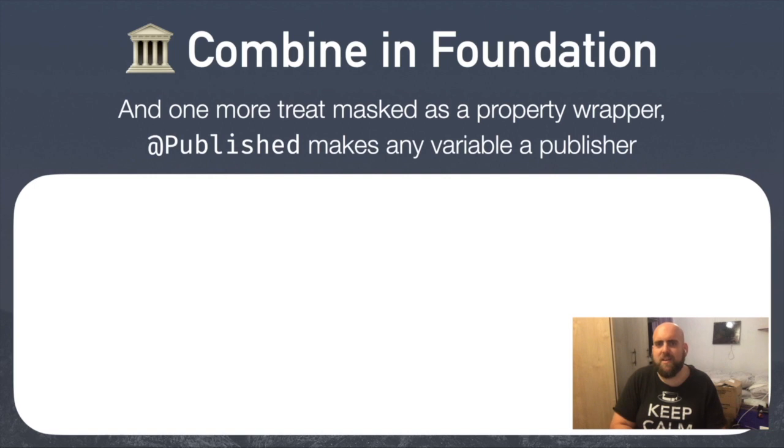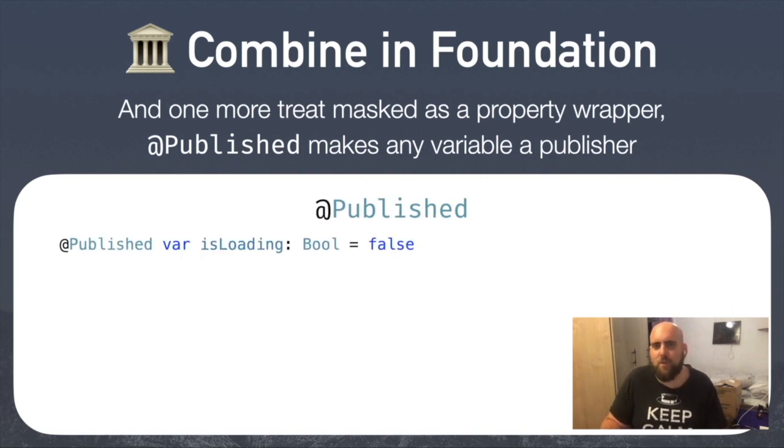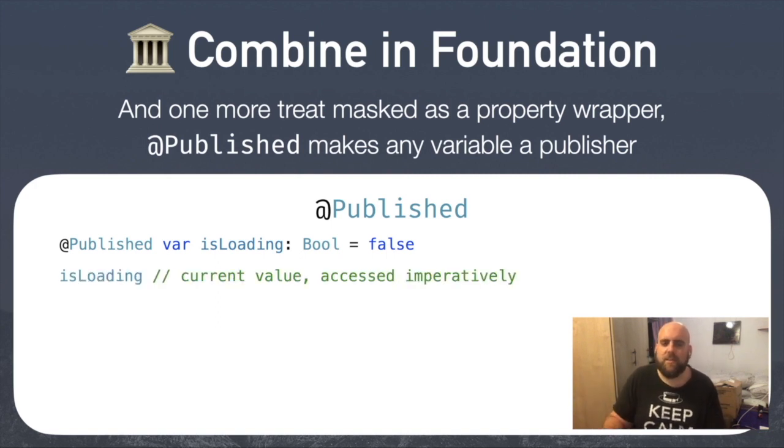Another tool that we got that is masked as a property wrapper is @Published, which is very, very popular with SwiftUI. @Published basically wraps a current value subject, the one I showed you a bit earlier. It's useful for representing state, like its underlying parallel. You can access it directly, imperatively, like you would any other variable.